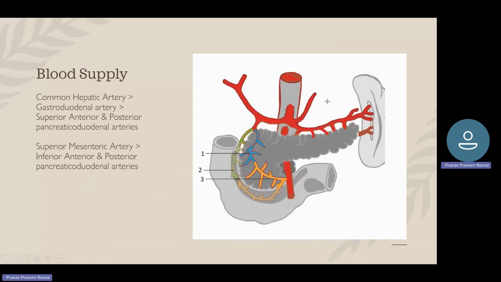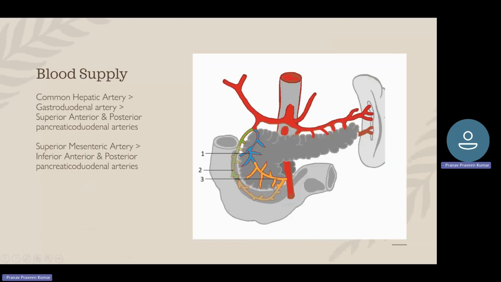And the blood supply now. It's better to go step by step, the origin of the artery. So this would be the celiac trunk. Following this, you'd have the common hepatic artery, which splits into the hepatic proper, and the gastroduodenal artery, which gives off the branches, the superior anterior pancreaticoduodenal artery and superior posterior pancreaticoduodenal artery, respectively.